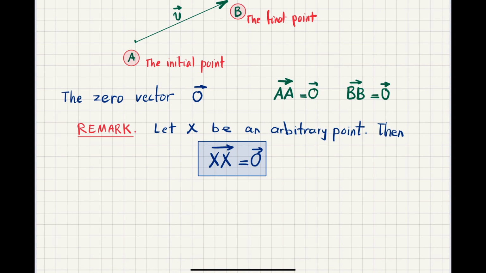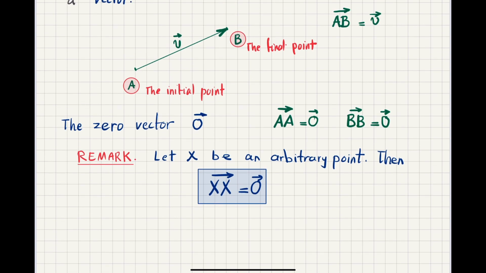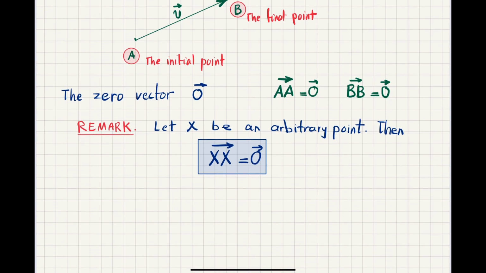Okay, so something that I want you to know, of course, there is nothing here to prevent me from measuring this length. Yes, I can take my ruler and measure the length of the vector. Okay, so that is just a length. So the length of the vector is denoted by this.